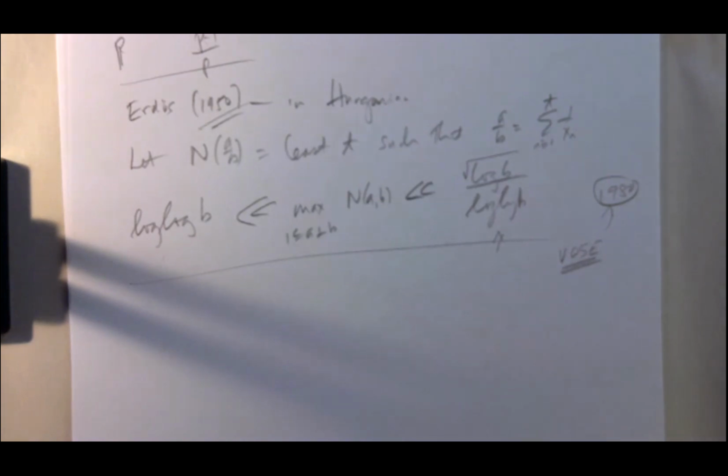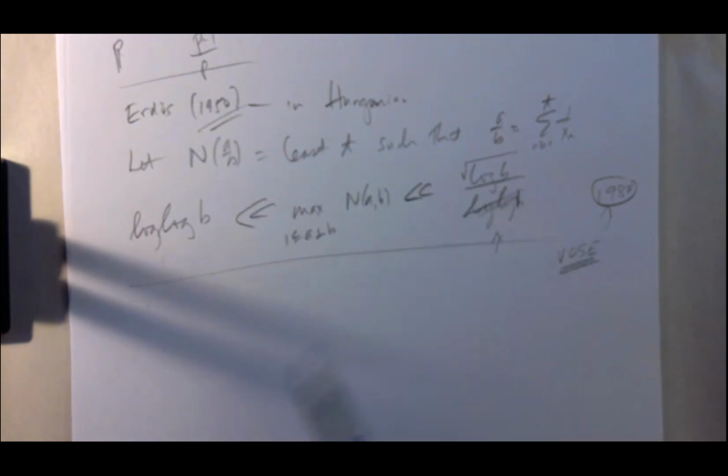And do you have any idea how one proves an estimate on the running time of the algorithm? I think an important ingredient of Vose's paper is he constructs a certain sequence, say a quickly increasing sequence, with integers having a lot of small prime factors.